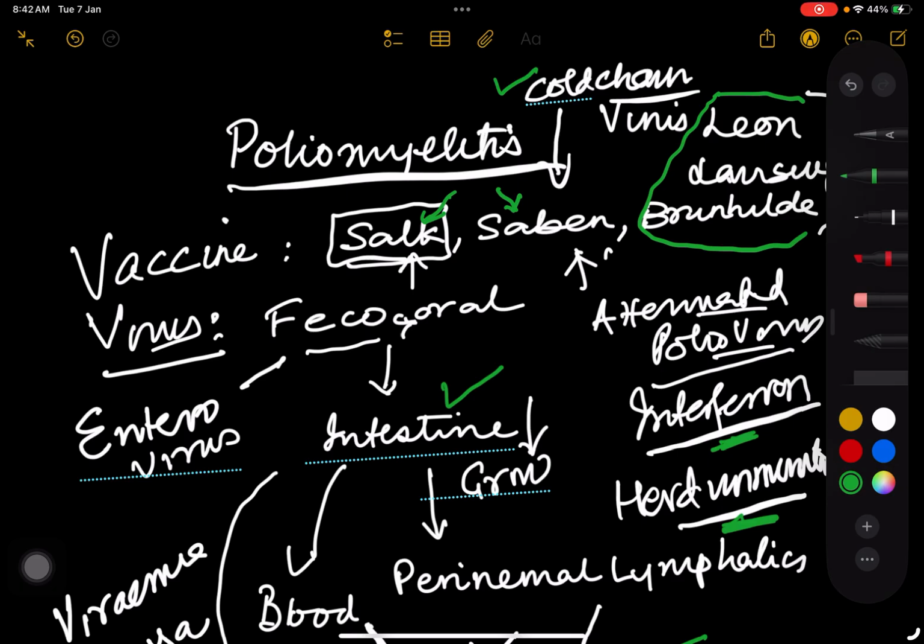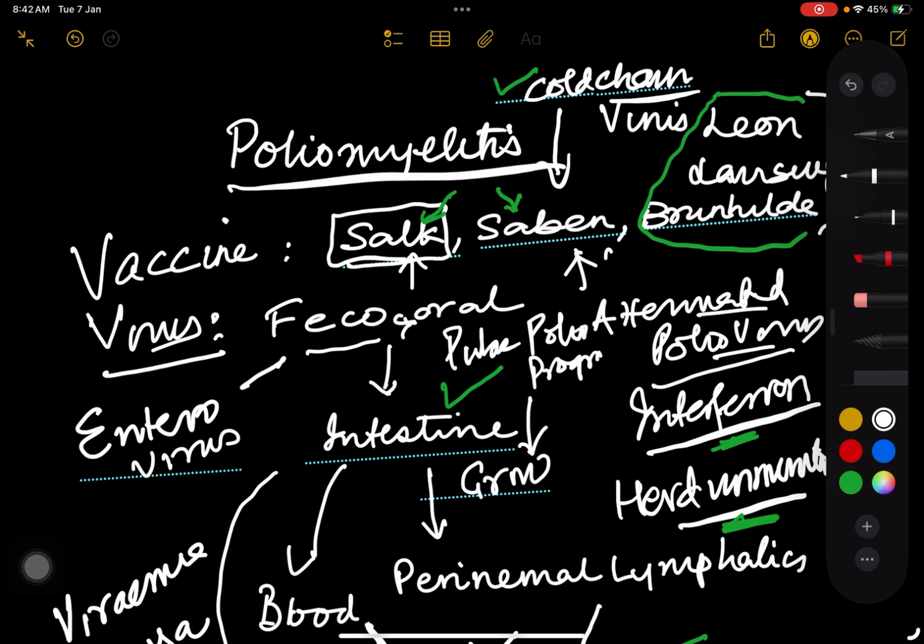It was given in a program called the Pulse Polio program, and 3-4 pulses were given at national level so that all the children of a particular age became immunized.